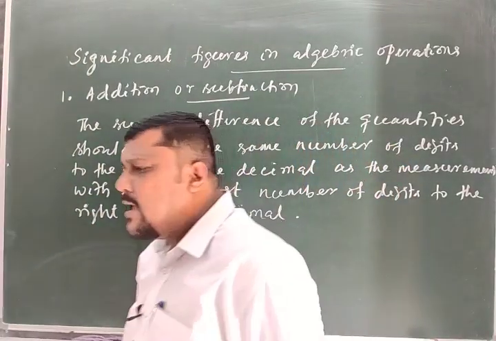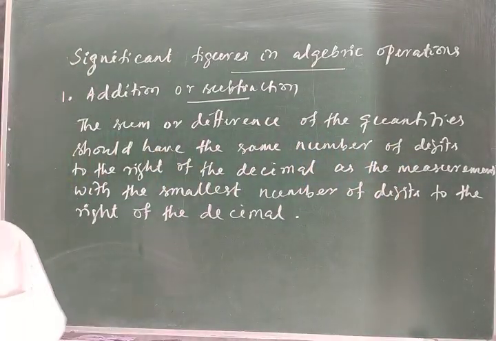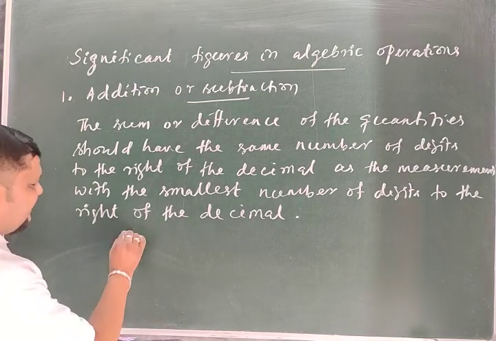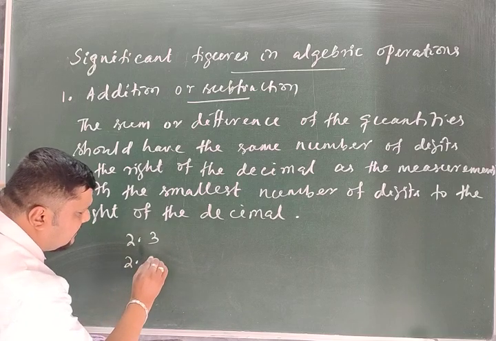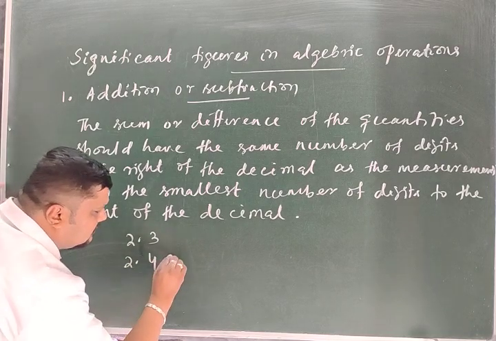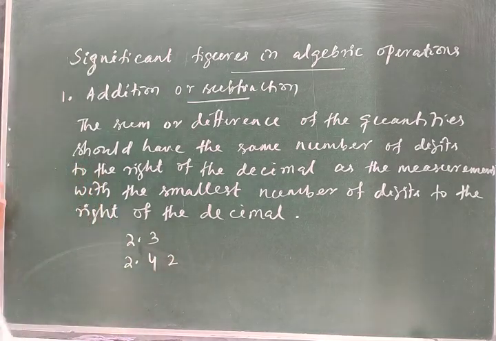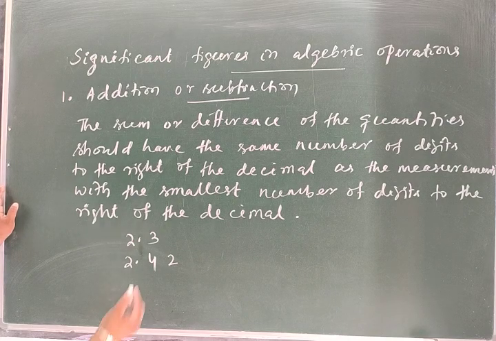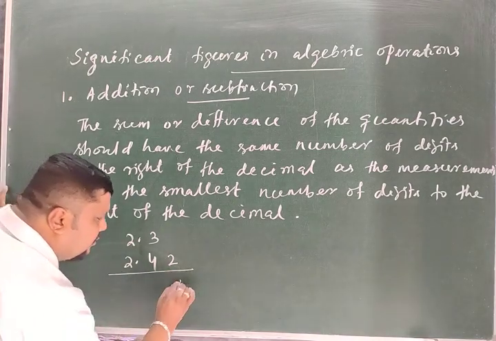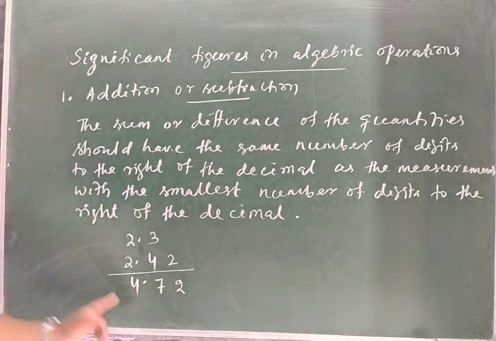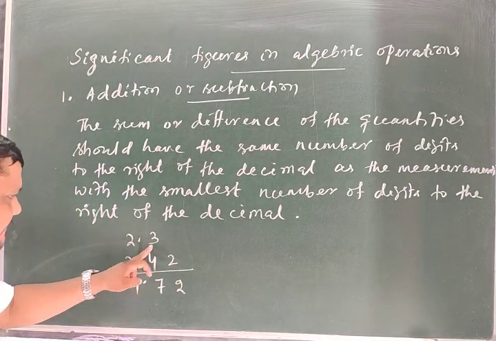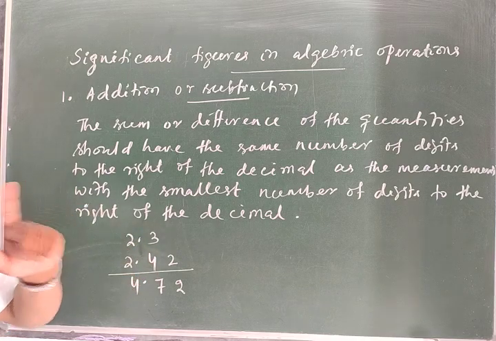That is the point. Okay, or you can say that if you are adding, the numbers are like that. Clear? Suppose I am adding 2.3 and 2.42. Now you add these two. What is the addition you will get here? 4.72. Now you see here, after decimal, count the decimal numbers.